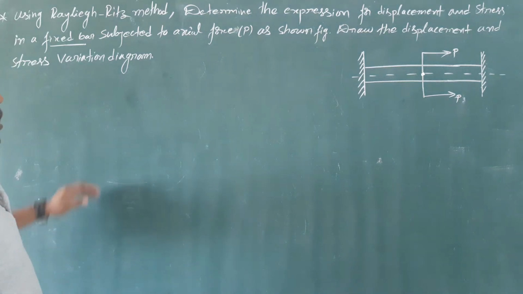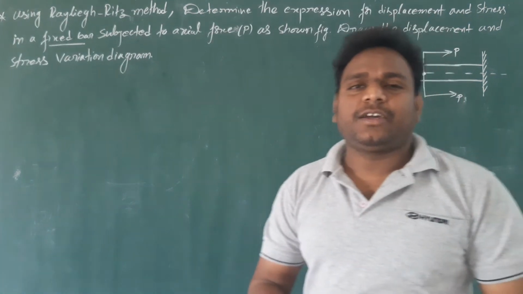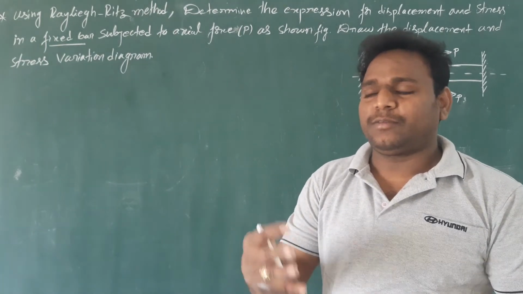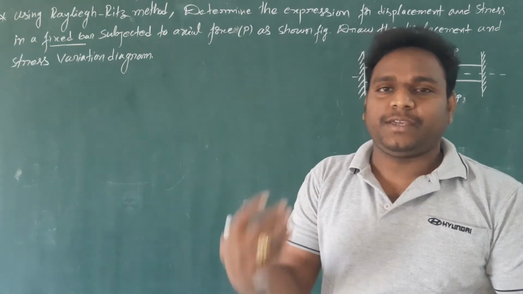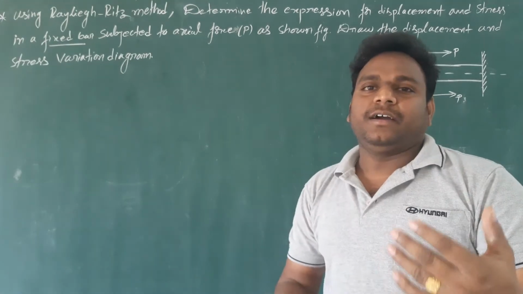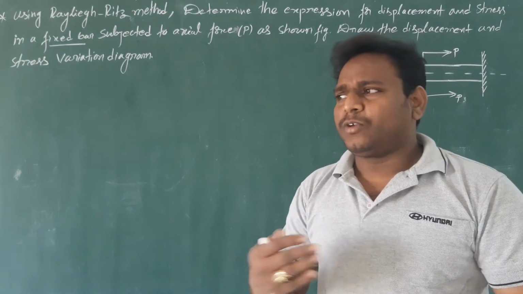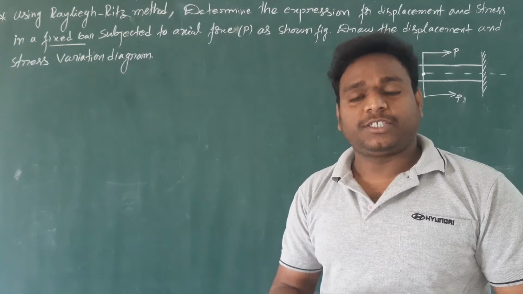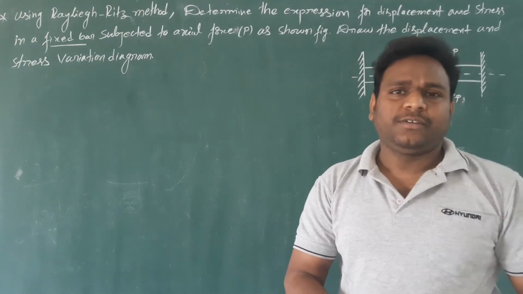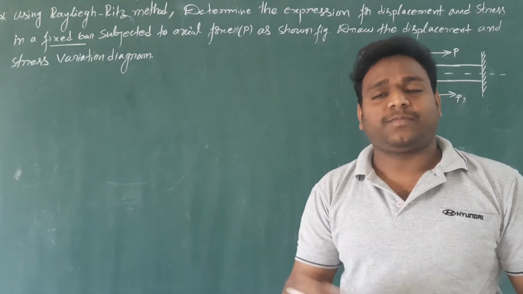I already told you that the Rayleigh-Ritz method is very useful to determine any expression for a beam or a bar element. We can easily determine some expressions. We know displacement relations from mechanics of solids and strength of materials, for example y max is equal to W L cubed by 48 EI.